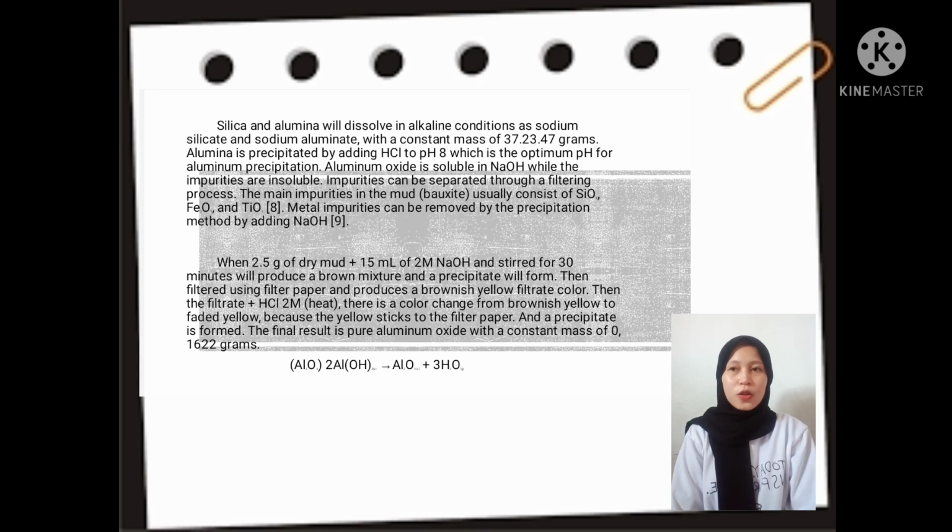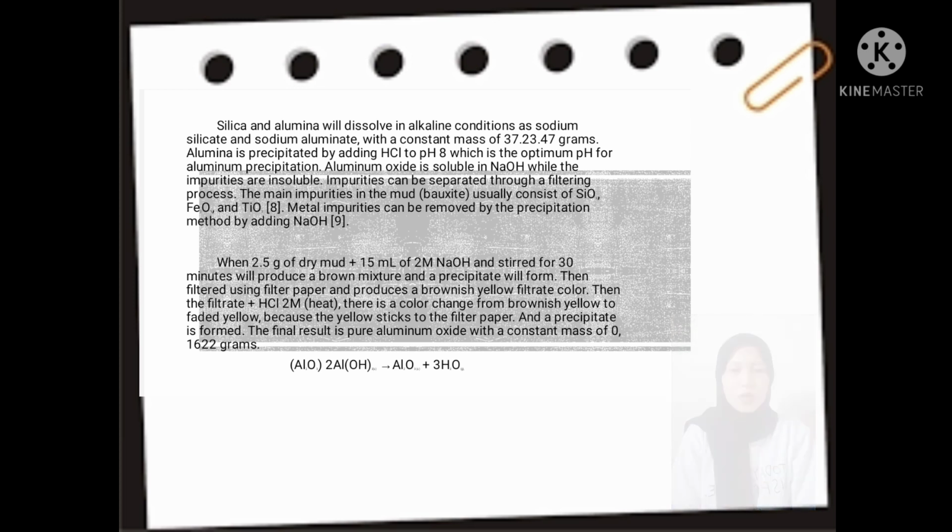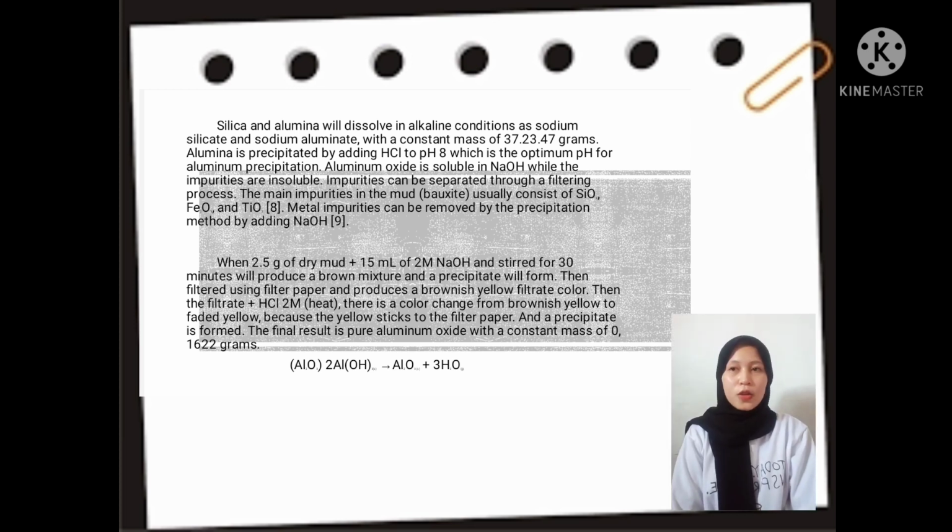Silica and alumina will dissolve in alkaline condition as sodium silicate and sodium aluminate with a constant mass of 37.23 grams. Alumina is precipitated by adding HCl to pH 8, which is the optimum pH for aluminum precipitation. Aluminum oxide is soluble in NaOH, while the impurities are insoluble.